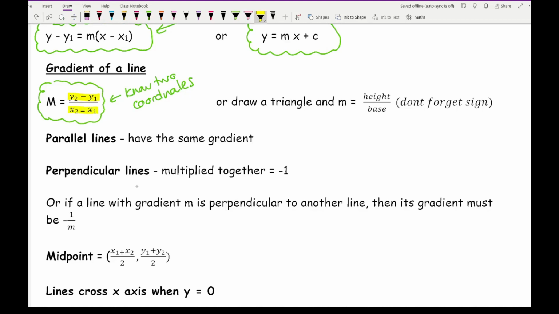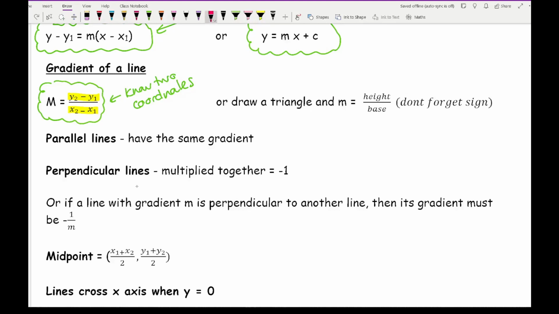Usually students think of x, y coordinates, so they think x goes first, y goes second, when actually it's the other way around. The official formula to work out the gradient of a line is the difference in y over the difference in x. If you remember that, then hopefully this formula should be second nature to you.